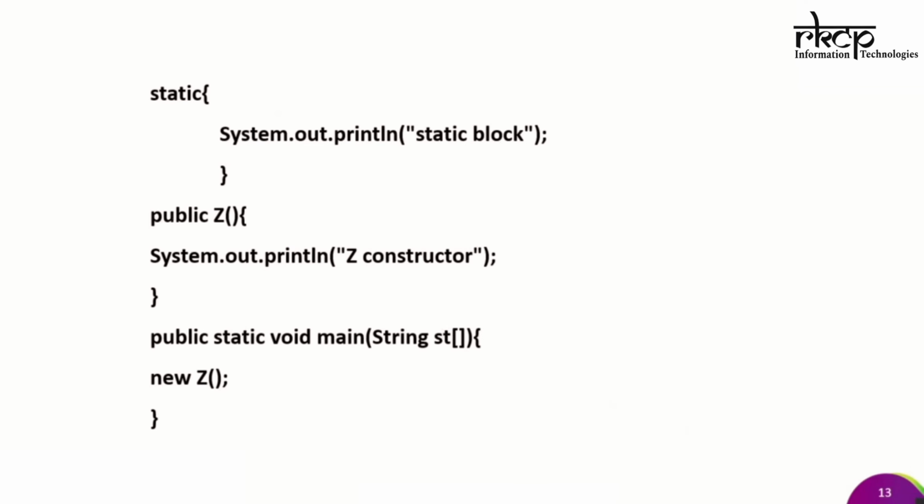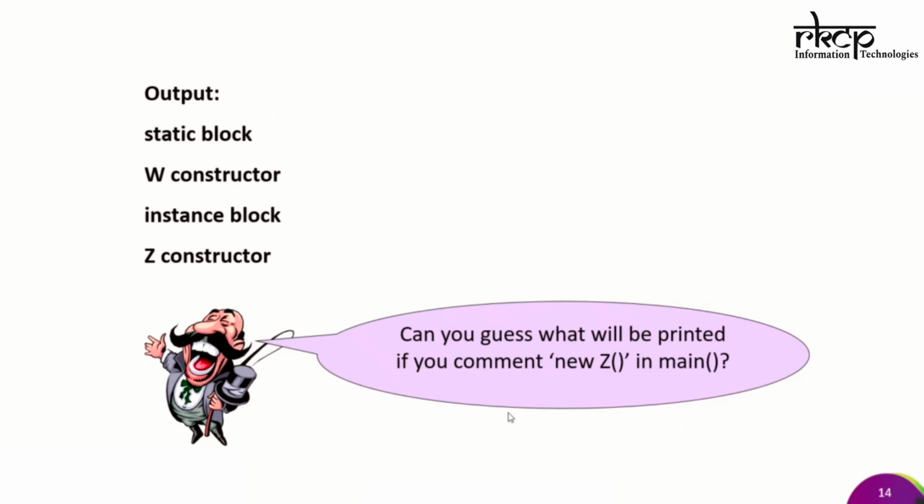So this will be the sequence in any class. Hope you understand how to use a static initializer, a non-static initializer, how to write a constructor, and the sequence of execution in any program.